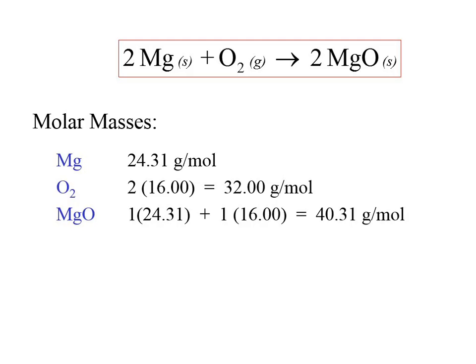And for magnesium oxide, you take 1 times 24.31 plus 1 times 16.00, and you get 40.31 grams per mole. So this is kind of like the front end stuff before you sit down and string up some terms and knock it out.